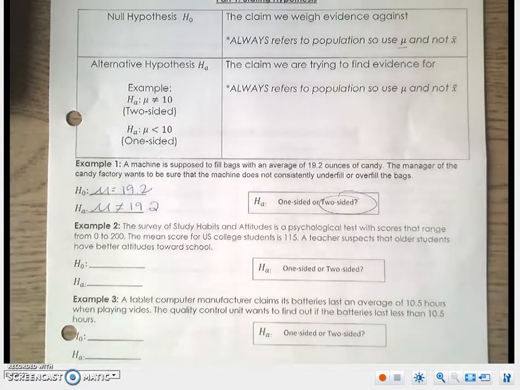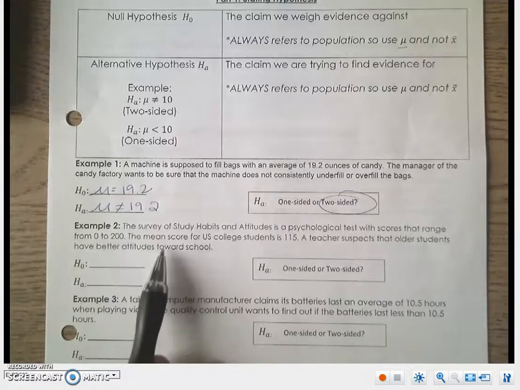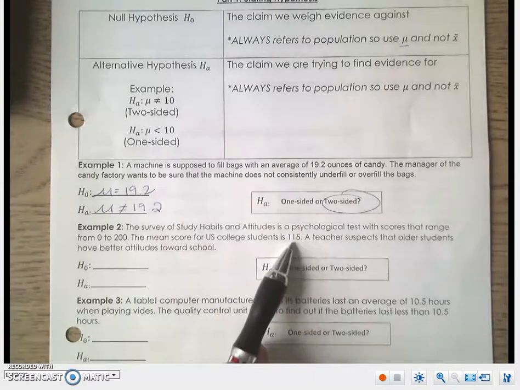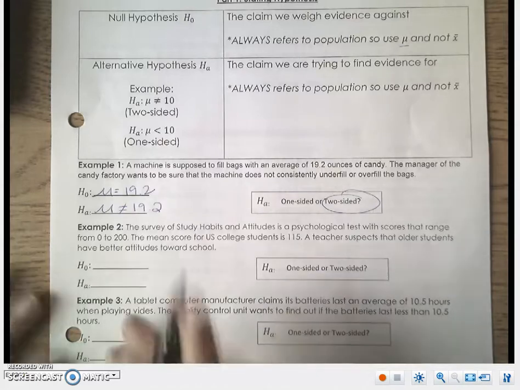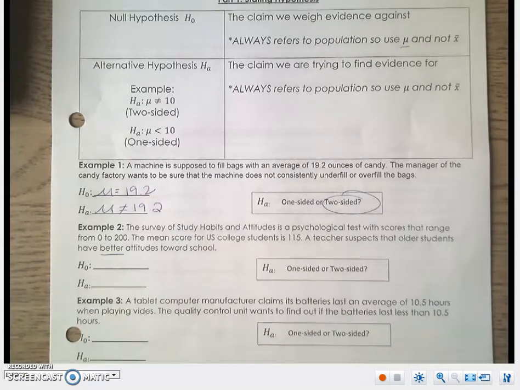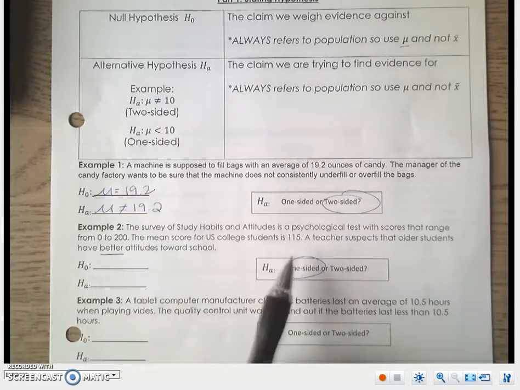Example number 2 says that the Survey of Study Habits and Attitudes is a psychological test with scores that range from 0 to 200. The mean score for U.S. college students is 115. A teacher suspects that older students have better attitudes towards school. This one is going to be one-sided because it's not saying that they have worse attitudes.